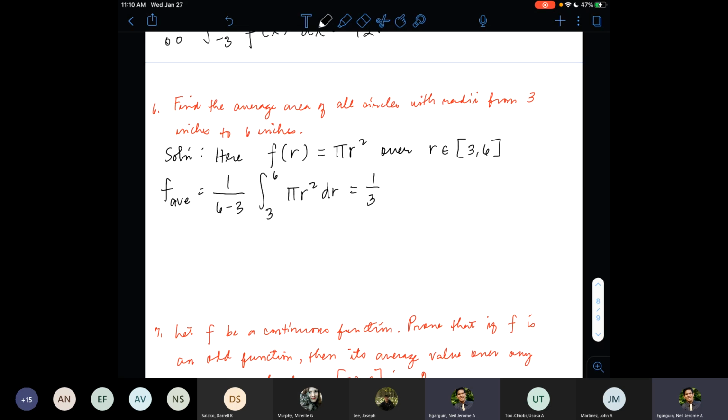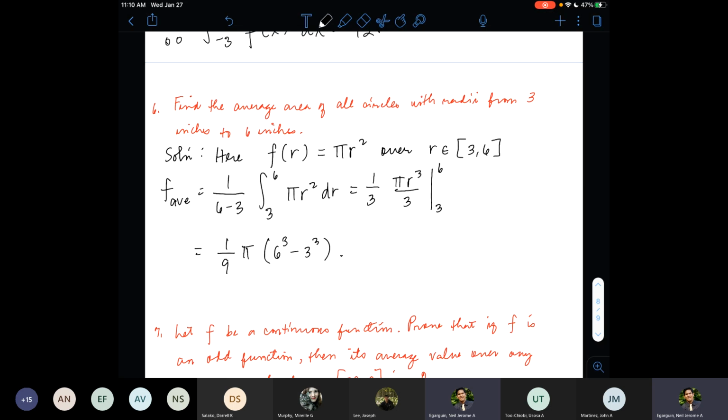So I'm going to have 1/3, and then the integral would be pi r cubed all over 3, evaluated from 3 to 6. And then this would be 1/3, or probably I'll write it as 1/9, and then pi times 6 cubed minus 3 cubed, right? And that could be your answer.